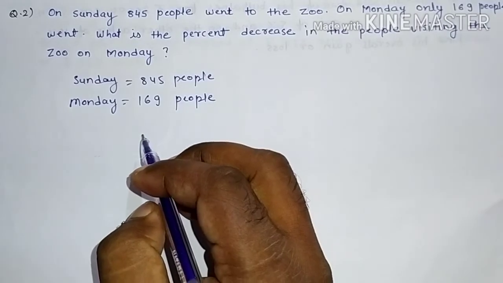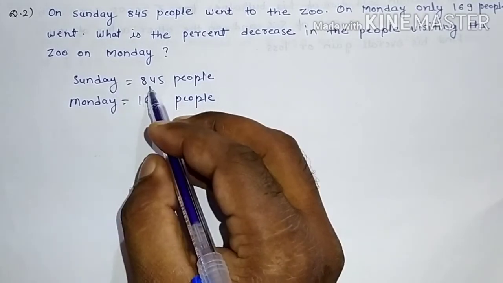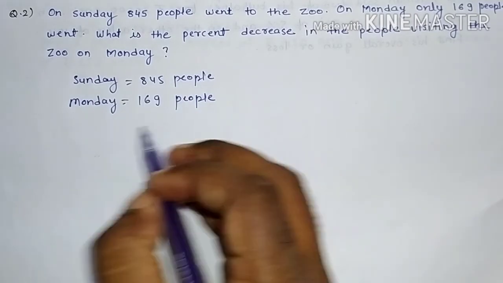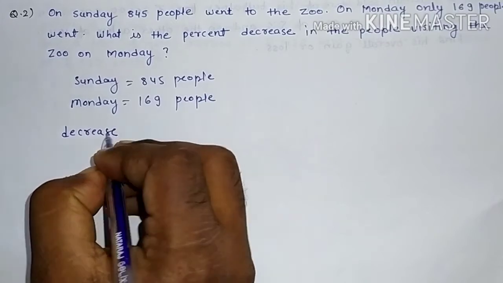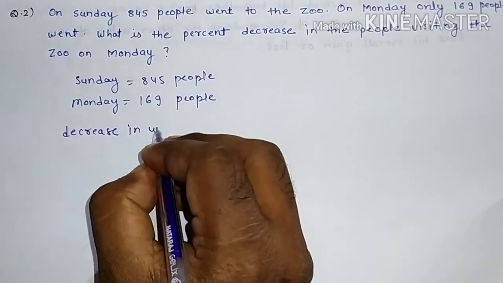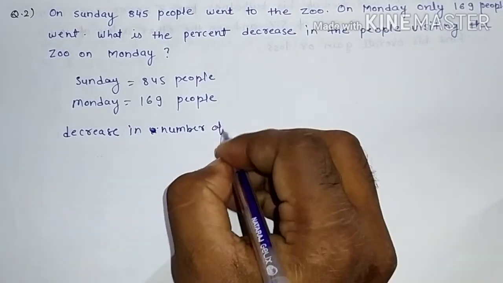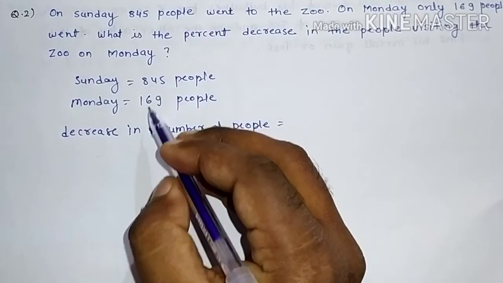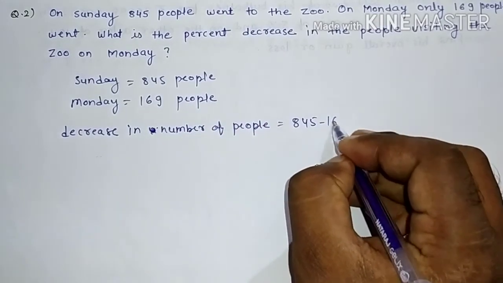So what decrement is happening here? On Sunday 845 people went to the zoo, and on Monday 169 people. So the decrease in the number of people is equal to 845 minus 169.